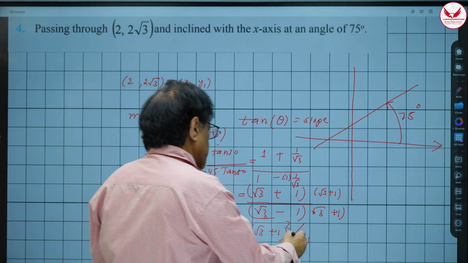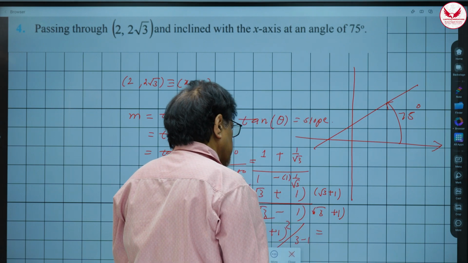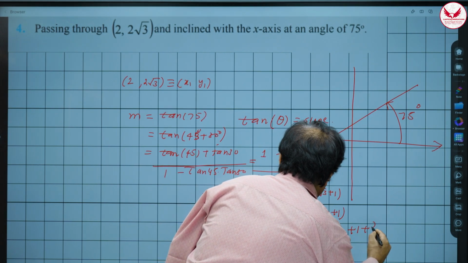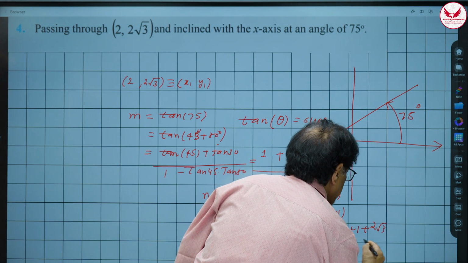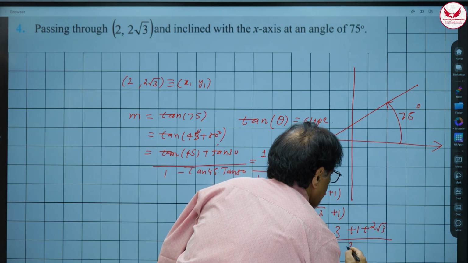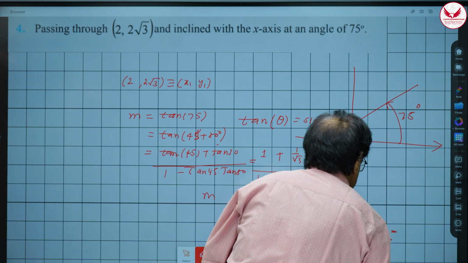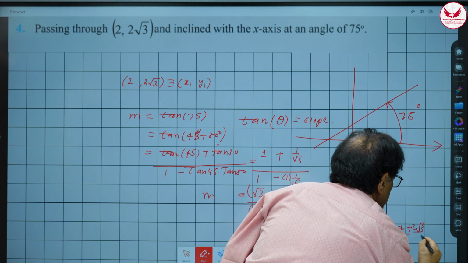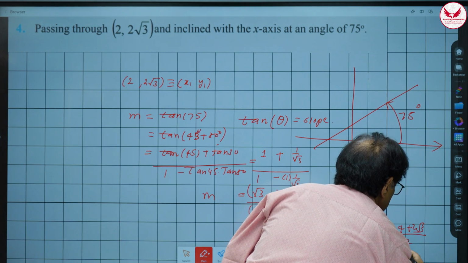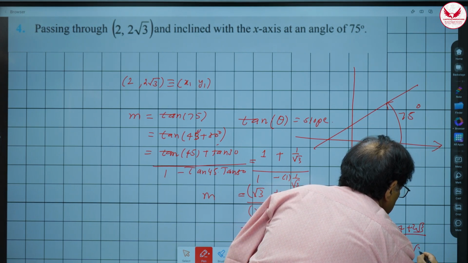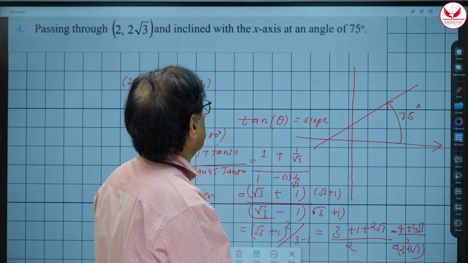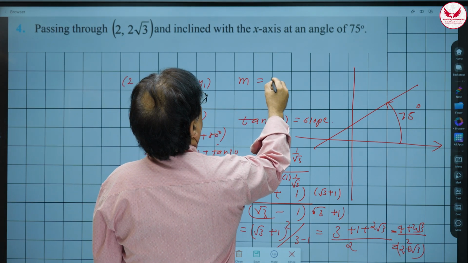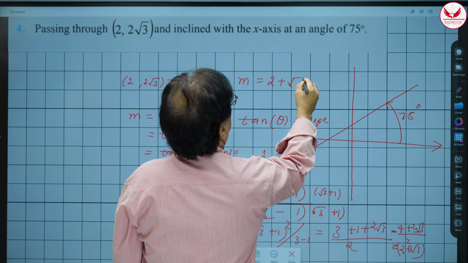So root 3 plus 1 square will be how much? It will be 3 plus 1 plus 2 root 3, right? Divided by denominator 2, which gives you 4 plus 2 root 3 divided by 2, which means 2 plus root 3. So slope here is 2 plus root 3.